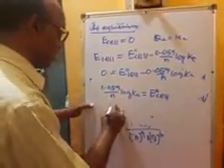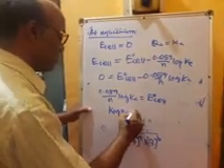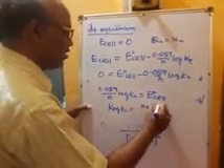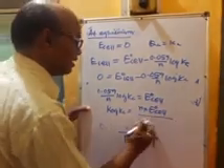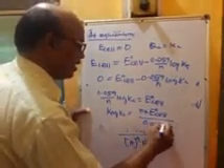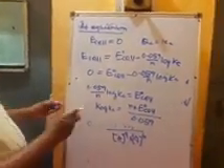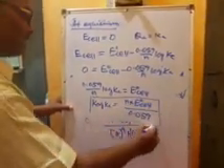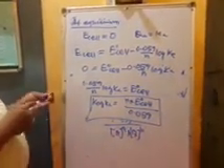So log Kc is equal to n into E naught cell by 0.059. This is the expression by which you can calculate the equilibrium constant of a cell at equilibrium.